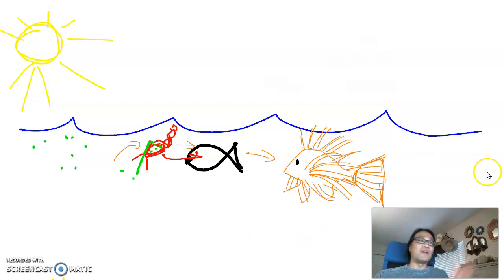So they have come into the system and they have disturbed it, knocked out the other occupants of that niche, and it prevents others from the higher trophic levels from consuming them. So that can have impacts on the ecosystem functions, and then also you're reducing the amount of diversity.